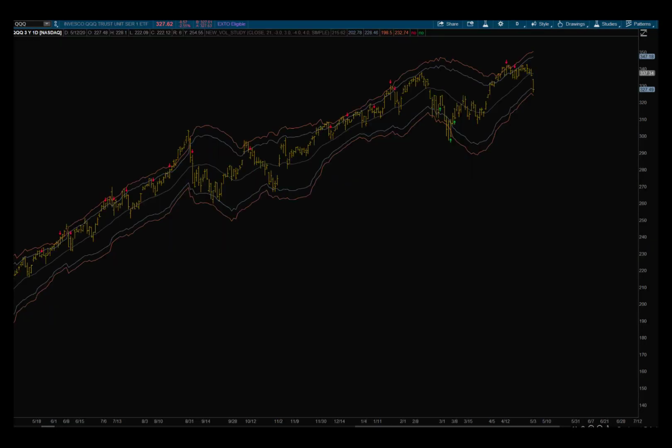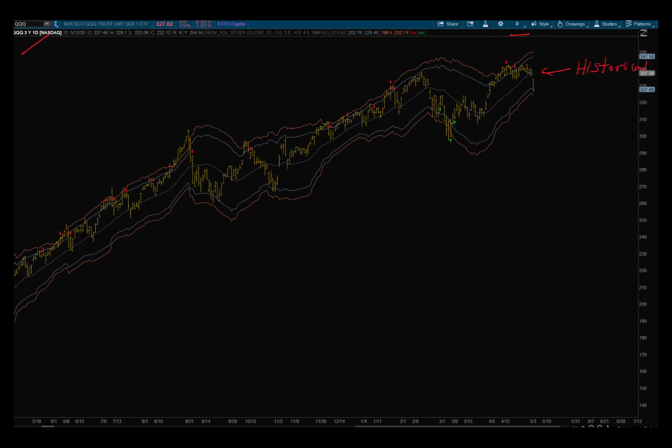This will be the second chart. That was actually just the first chart with two subcharts. Here we're going to look at the QQQs, on a daily chart, going back about a year and a half. What we have here is the historical moving average of volatility.